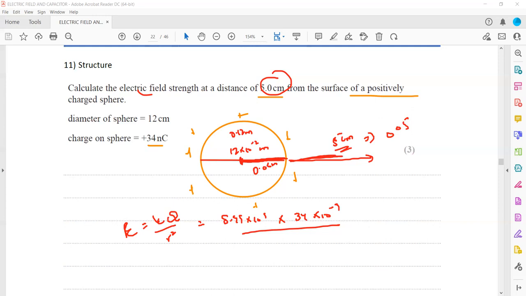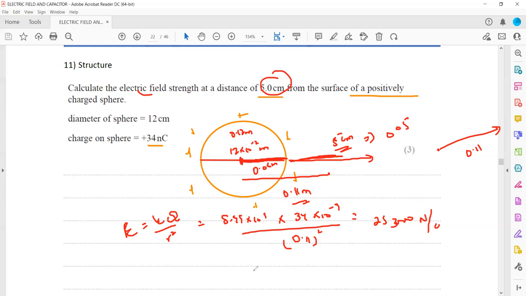When we sum, the distance from the center will be equal to 0.11 meter, because r is actually the distance from the center. So 0.11, and then r squared. When we substitute, it will be about 25,300 Newton per coulomb. Is it clear, this question about the strength of the electric field?